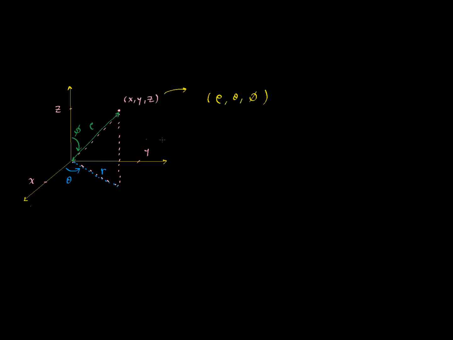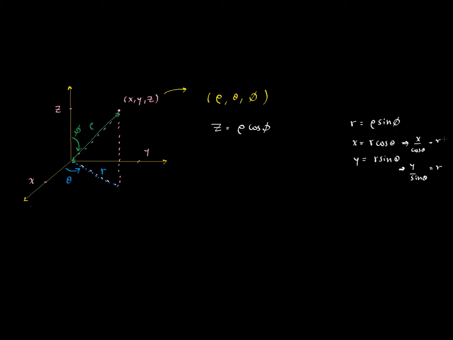So from this sketch over here, we can say that z is equal to rho cosine phi, and that r is equal to rho sine phi. We also know that x is equal to r cosine theta, y is equal to r sine theta. So if I rewrite this, I can say that x over cosine theta is equal to r, y over sine theta is equal to r.